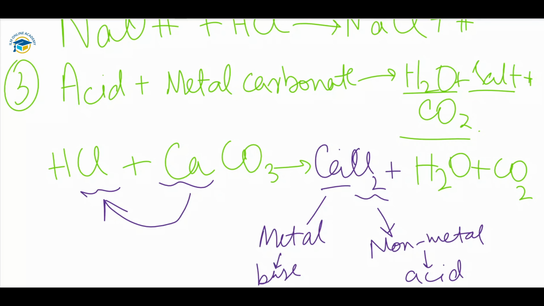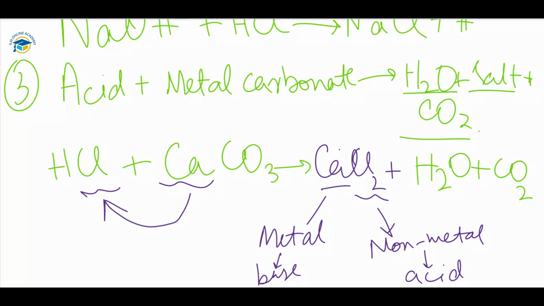Next we'll talk about something about the strong acids and the weak acids. We have already read about that, like the complete dissociation and also the partial dissociation. So now I am concluding all this. We have the complete dissociation and the partial dissociation.